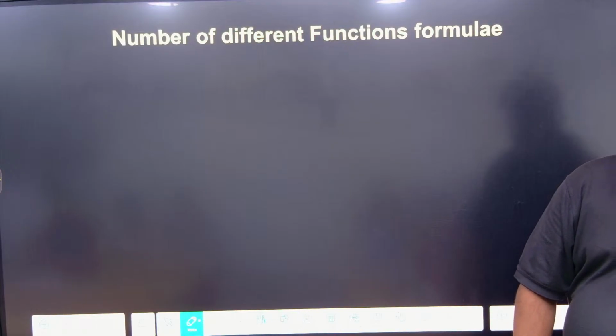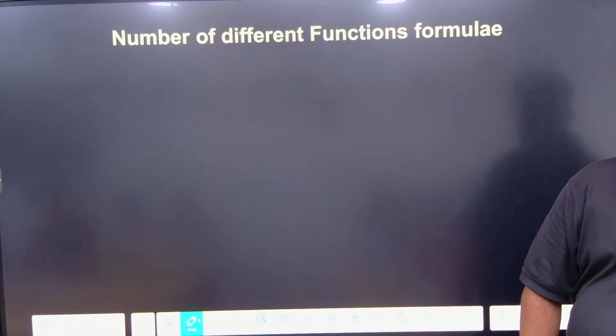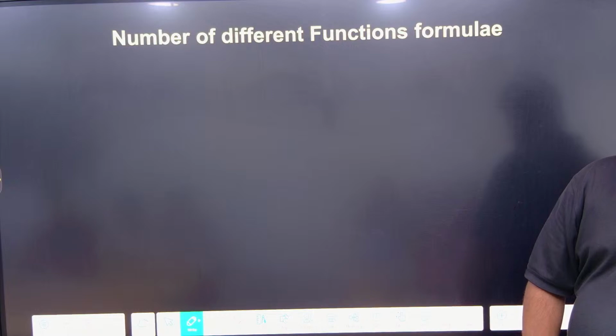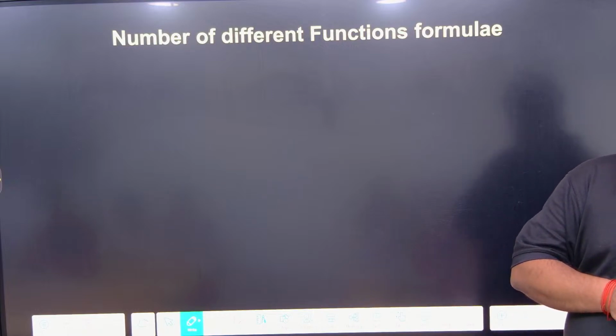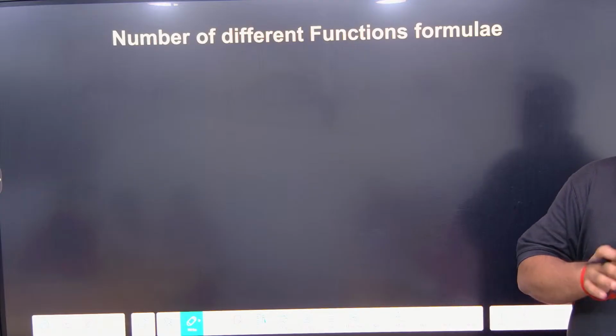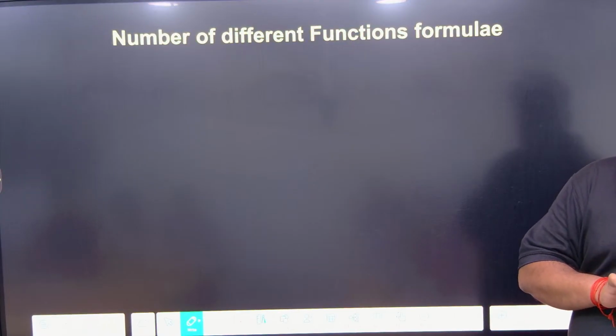Number of 1 1 functions, nPm, all these things I have given, no? You go through that. Number of increasing and decreasing functions, nCm. Number of into functions, onto functions, many to one functions, all these things I have given. If it is not given, I will give you some other day, no problem. Those functions are important.